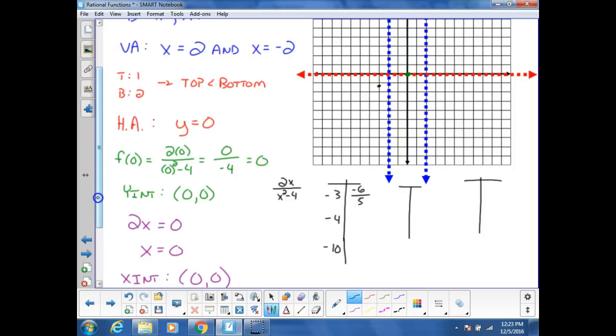If I put in negative 4, I get negative 8 over 12, which is negative 2/3. If I put in negative 10, I get negative 20 over 96, which is a little bit more than negative 0.2. Actually, technically it's a little bit less.